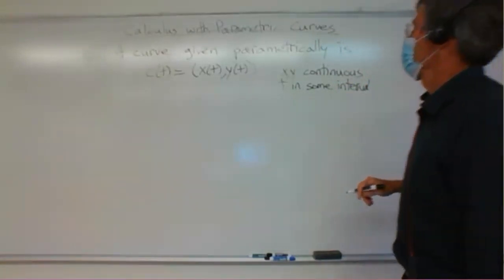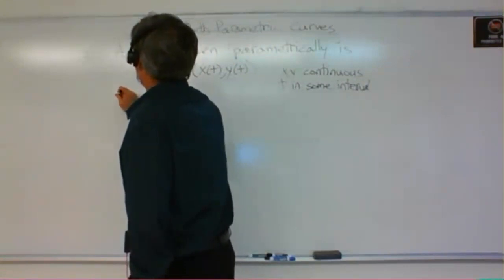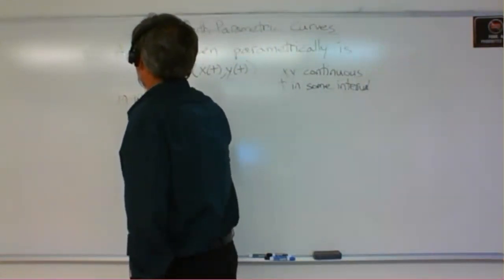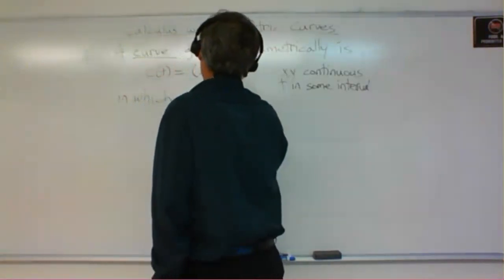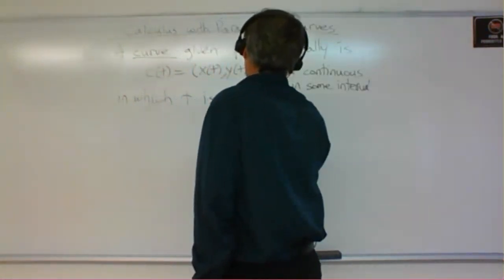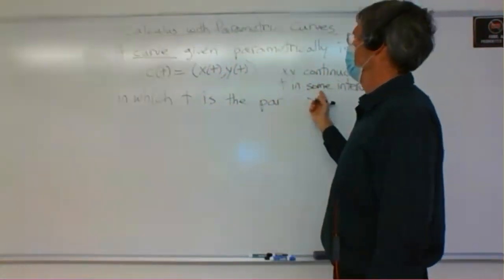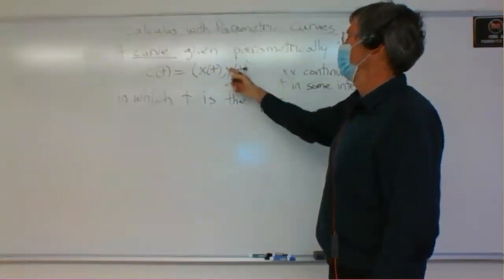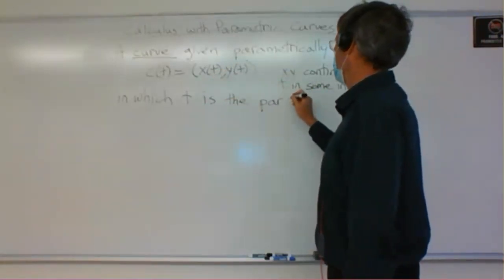Now, that'll be a curve. And in here, t is called the parameter. And it's sort of a dummy because what you're interested in is this mapping from the real number line into curves in the plane. And you could use tau or whatever your favorite letter is.